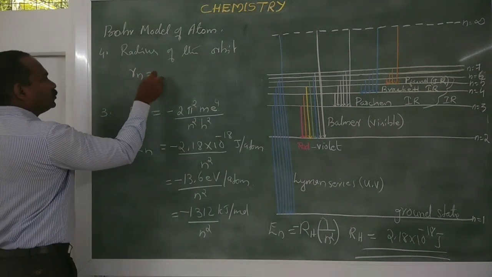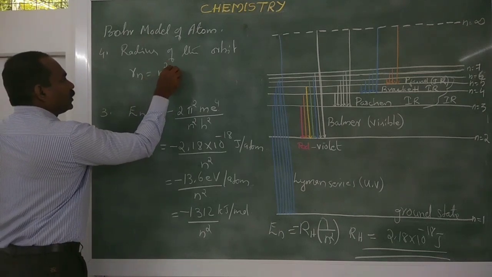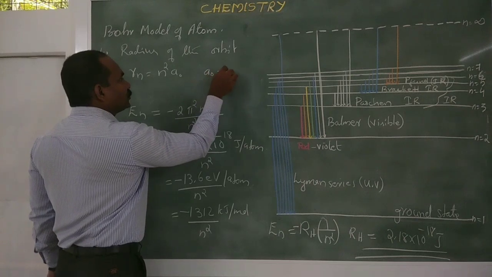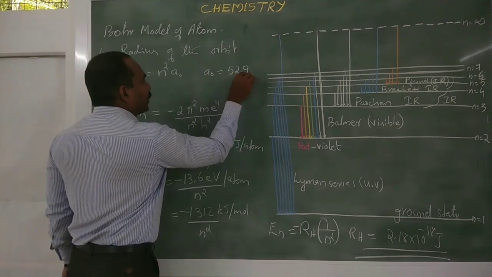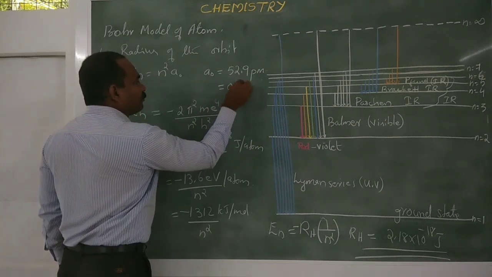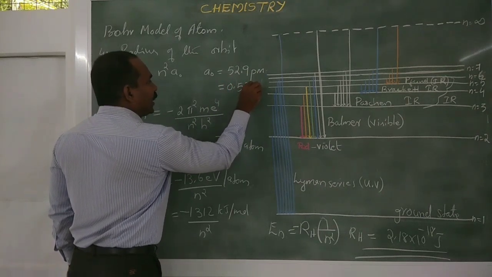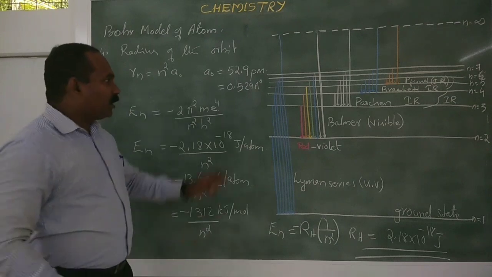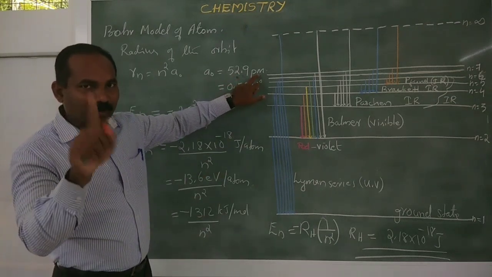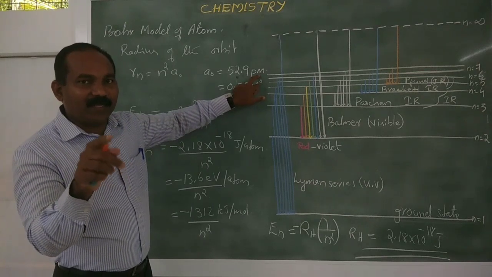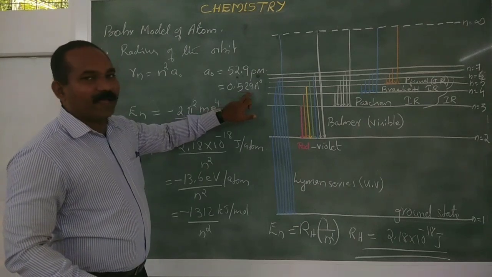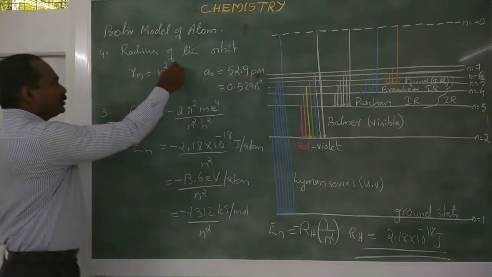Rn is equal to n square a0, where a0 is equal to 52.9 picometer, or 0.529 angstrom. In your textbook, I think 52.9 pm is given. To calculate the radius in angstrom, use 0.529 angstrom. So that is the value.